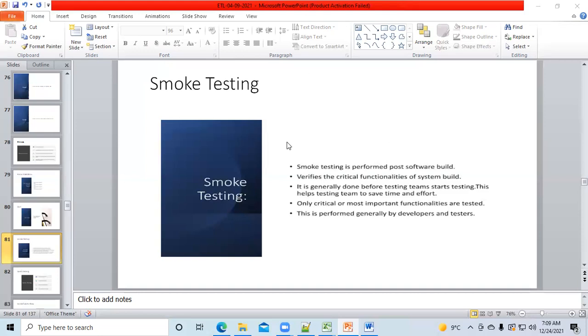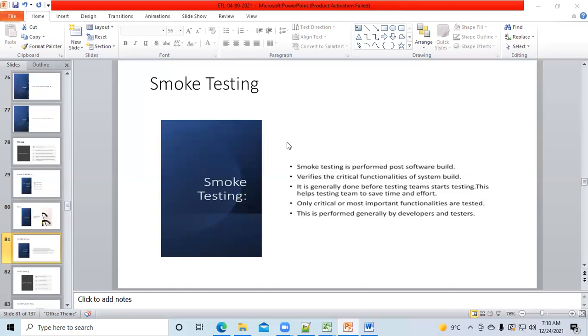So similarly in smoke testing, we first check the critical, important functionalities of the software, whether they are working or not. Then I will go in depth. If those functionalities are not working, then you will tell the developers that these important functionalities are not working, so it is of no use to check the other functionalities.